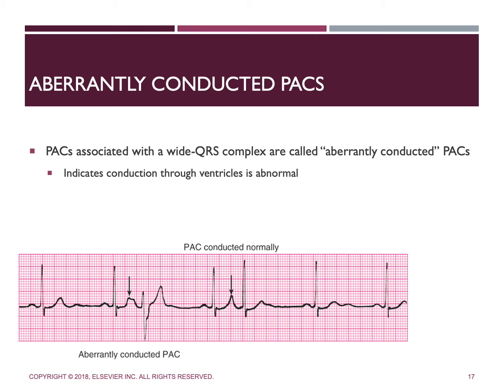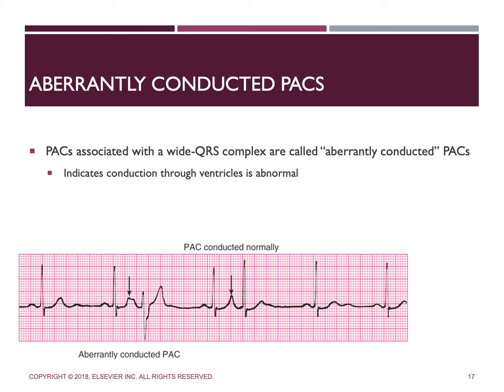So that impulse travels down the left bundle branch with no problem. The stimulation of the left bundle branch subsequently results in stimulation of the right bundle branch. So the QRS will appear wide, greater than 0.11 seconds, because of the delay in ventricular depolarization. PACs associated with a wide QRS complex are once again going to be called aberrantly conducted PACs.